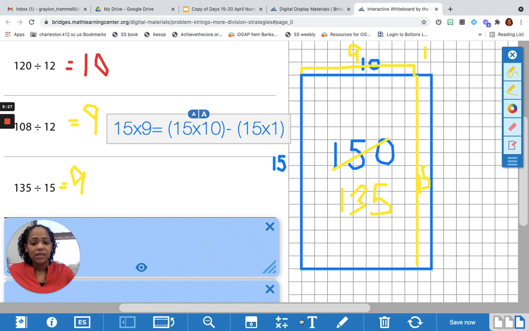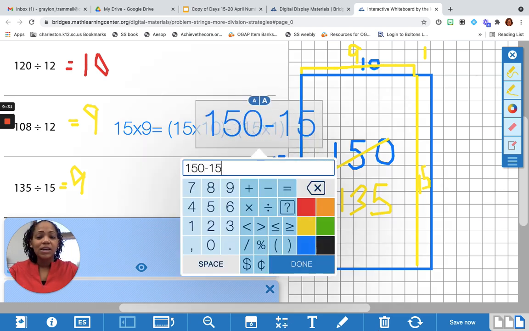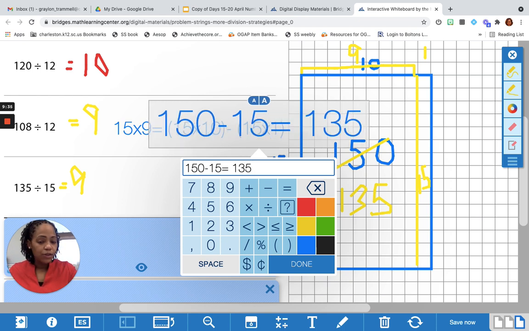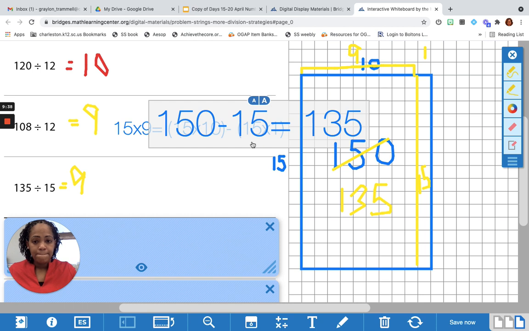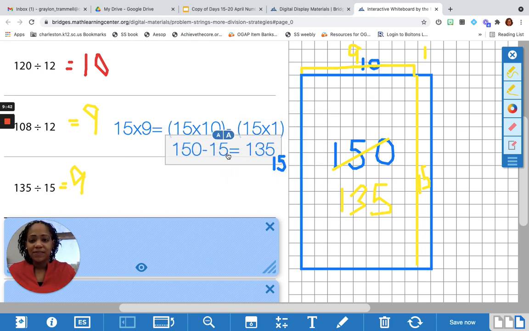So 15 times 10 is 150, and 15 times 1 is 15, which is going to give me 135. Right, so that means 15 times 9 is 135. Good? Okay, let's do the next one.